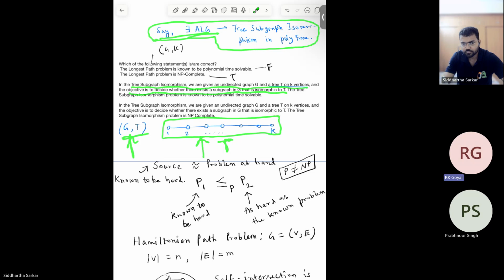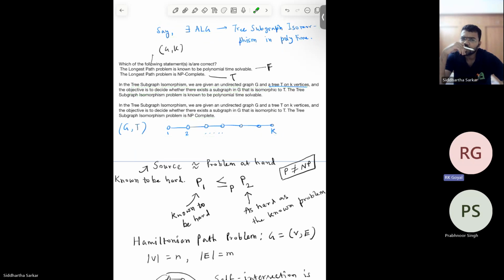So now the question is how the vertices of the subgraph of G are going to map to this instance of the tree T, based on the degree of the vertices.